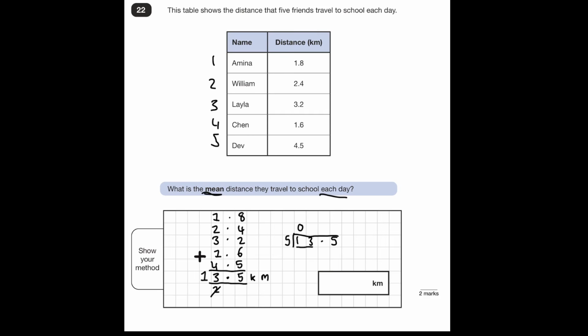So we can do this in bus stop, and that's how we would do this in bus stop. So we can see that the mean is 2.7 kilometers.